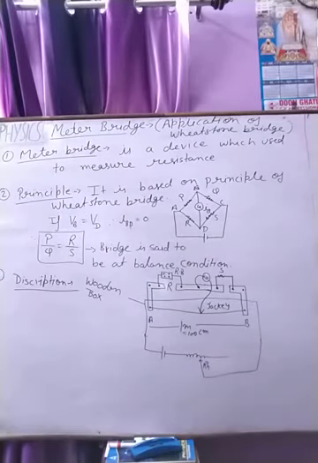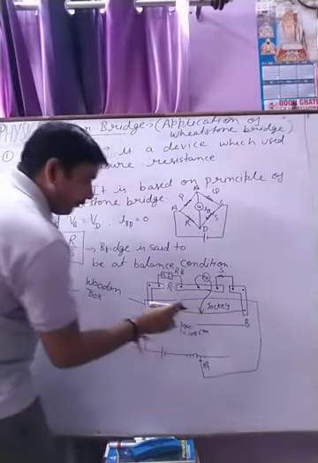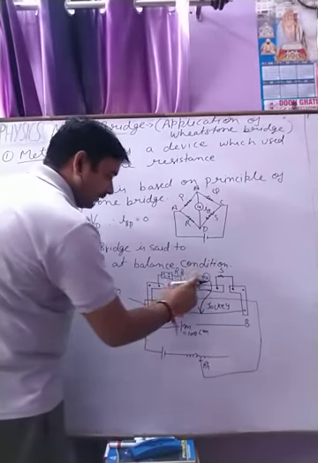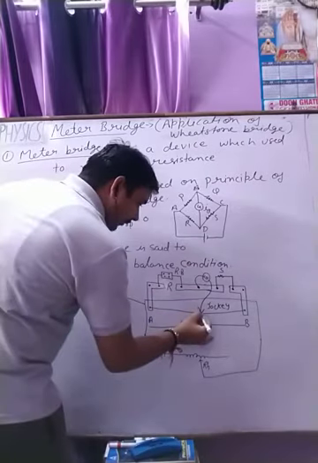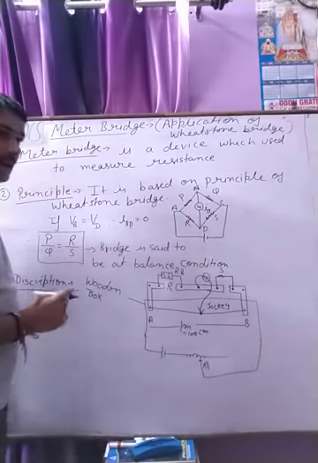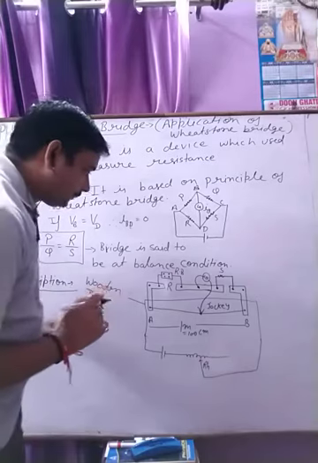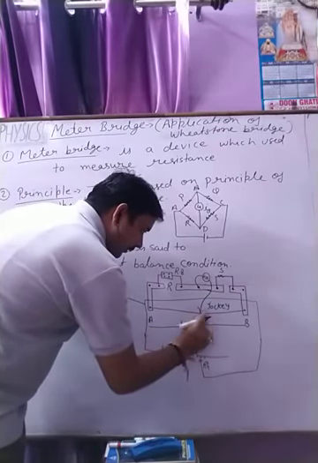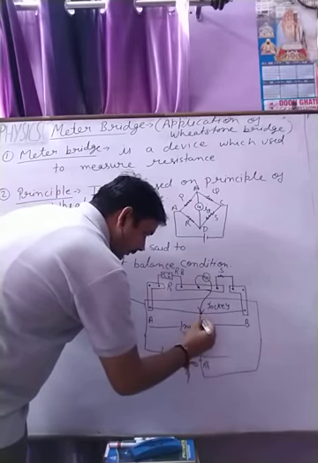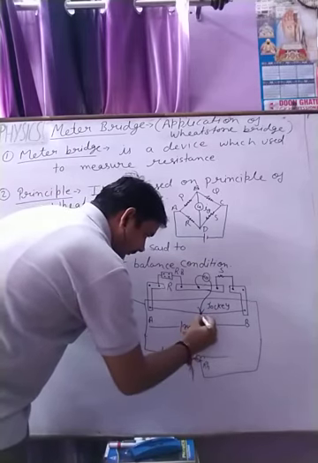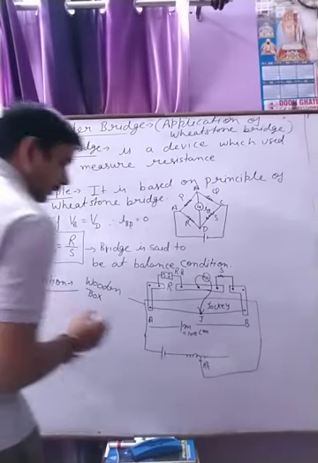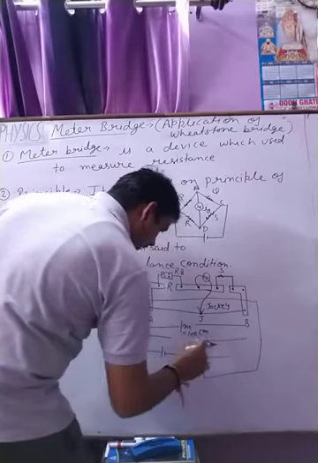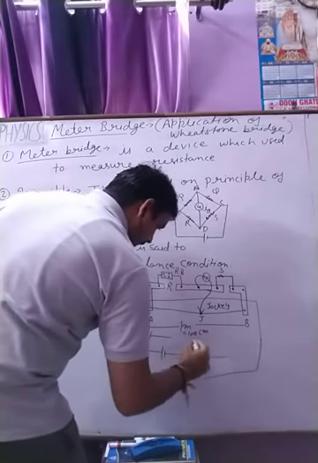Okay, now when we find a balancing condition, or no current condition in the galvanometer, the current in the galvanometer is 0. Suppose this is at point J. This wire has total length 100 centimeter.